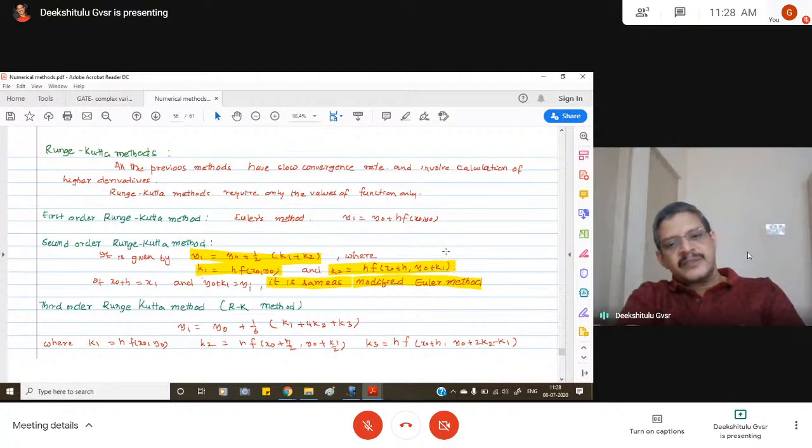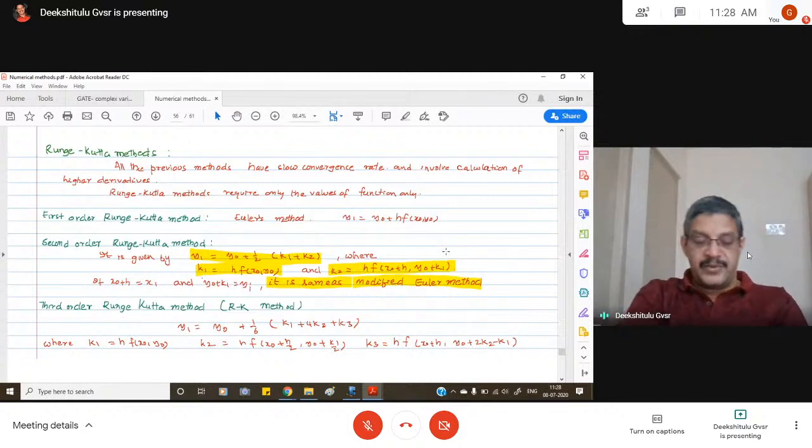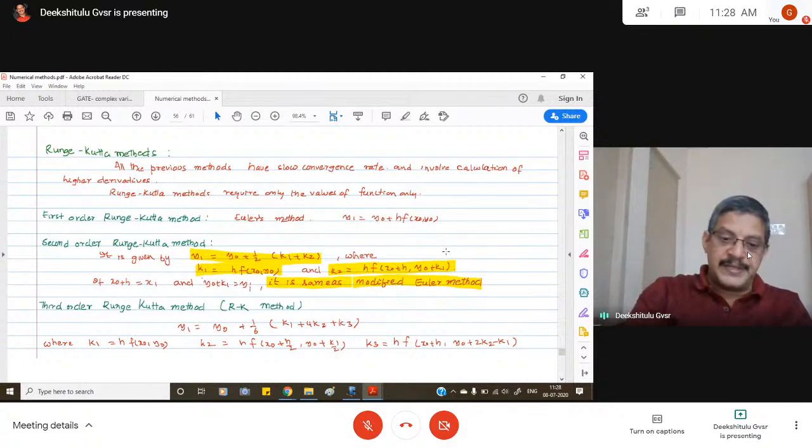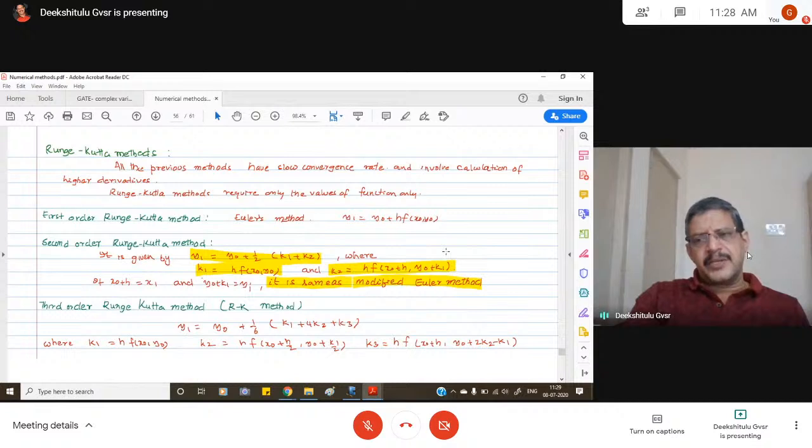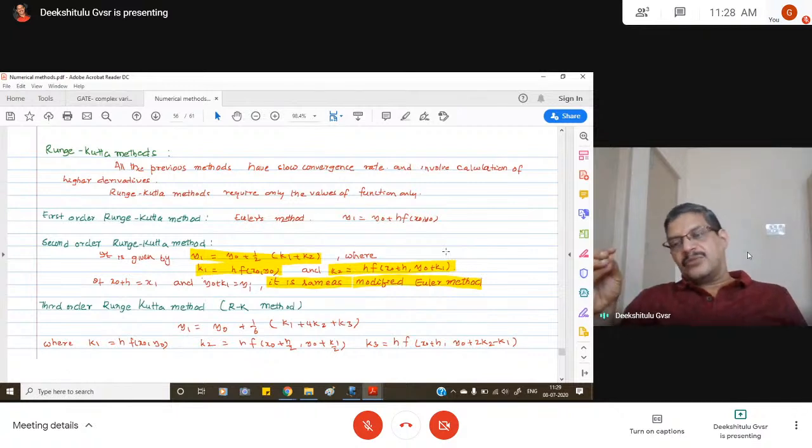If it's a simple function, okay, but if it is a complicated function, say for example, 1 by square root of 1 minus x square, how many times you differentiate, there will be more mistakes. So it's a very laborious process, finding all the derivatives of different orders. Runge-Kutta methods require only the values of the function, not the derivatives. That is the main advantage here.